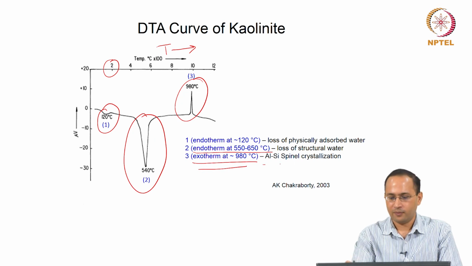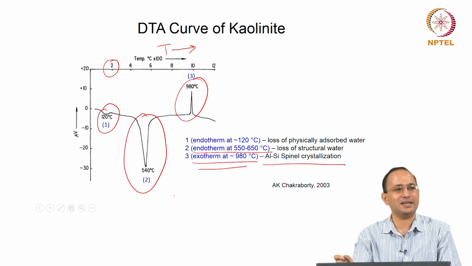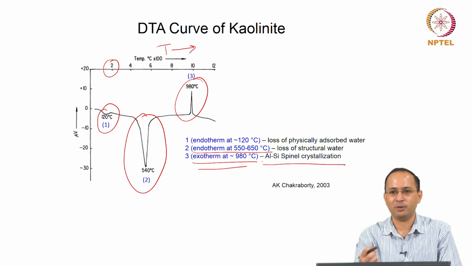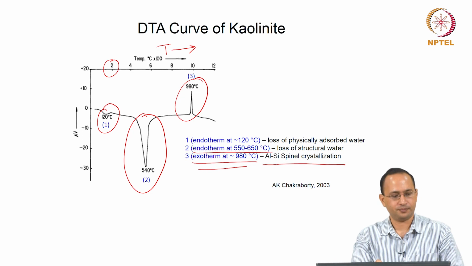It is because of some crystallization, we are not going into detail. Because your clay is made of aluminum and silicon, there is this spinel crystallization which occurs at around this temperature. So basically we can use differential thermal analysis to understand the clay, and it can tell us what kind of transformations can occur when you heat the clay to really high temperatures.